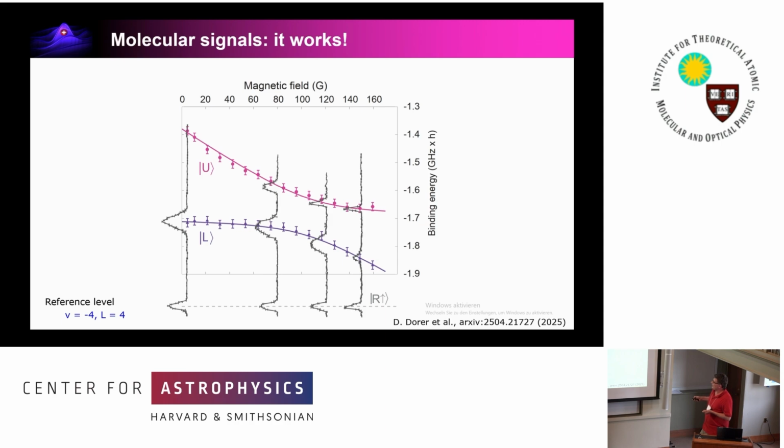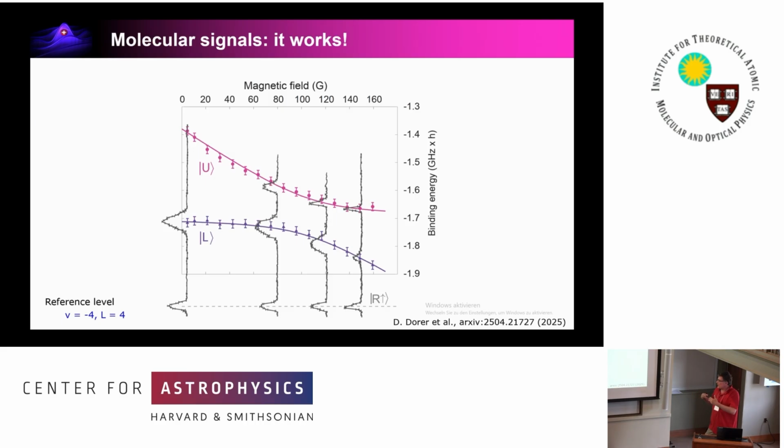Now we do the same thing at a higher magnetic field, 80 Gauss or 100, and you see that this signal that was essentially 0 here now really has grown. And at the same time, this one, as you go all the way to 150, goes down. So you can see that by choosing different magnetic fields, you can populate one or the other level.